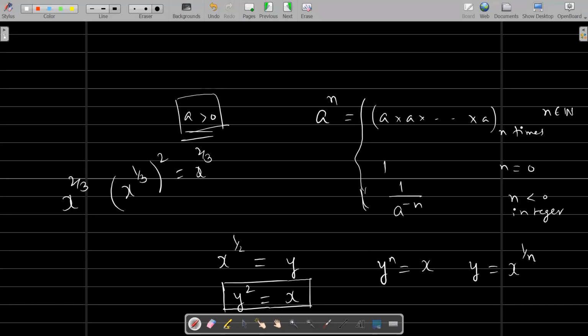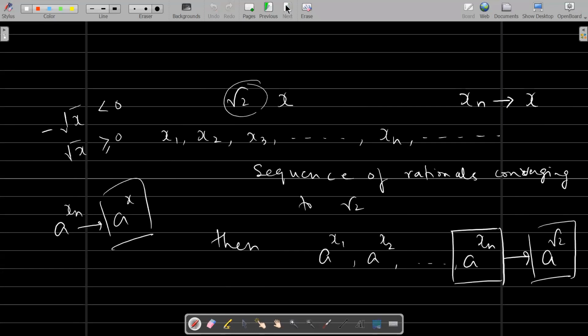So another doubt: how do you find the limit for an irrational power? There are some techniques from analysis, and right now we won't go into those details. But I can give you an example of a sequence.